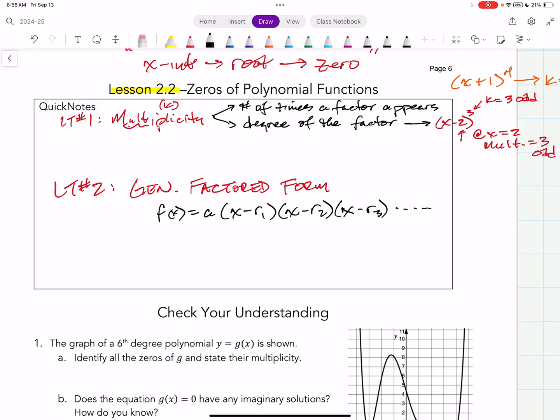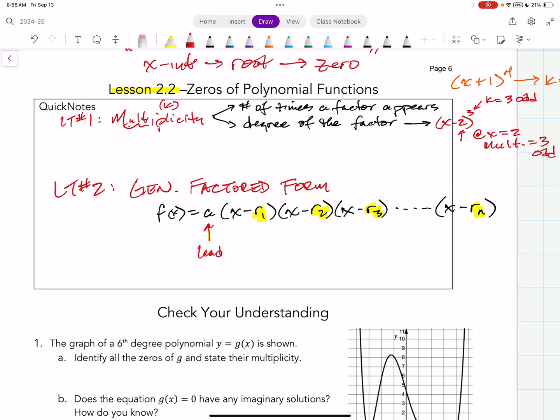And this polynomial can have n roots if it's nth degree, all the way to x minus r sub n, where r1, r2, and r3, all the way up to r sub n, are roots of the function. And a here is called a lead coefficient.